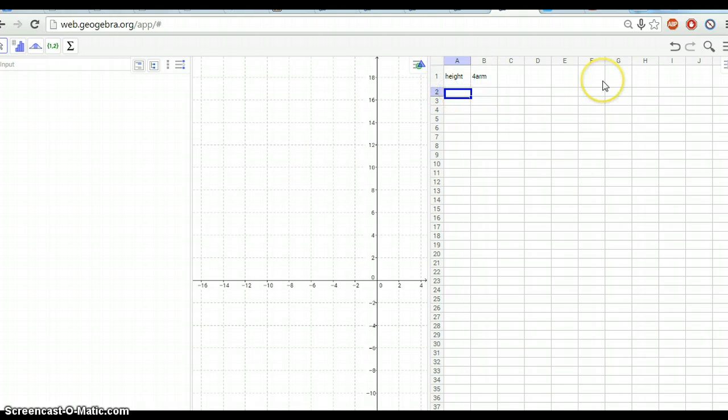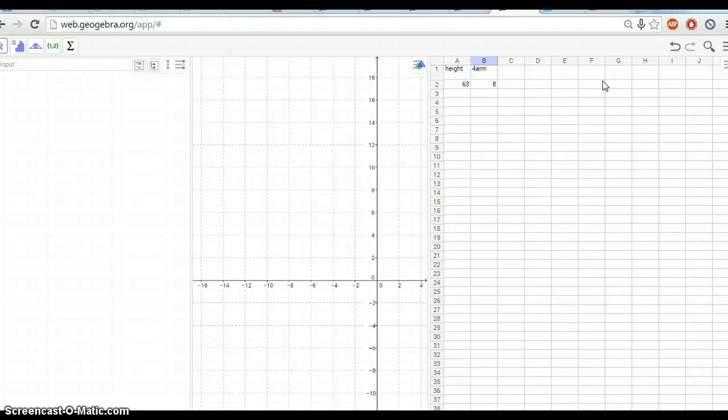One of the measurements we had was somebody who was, I don't know, 62 inches or 63, and their arm was 8. Another person had 62, and they also had 8. A taller person was 68, and theirs was, let's say, 10.